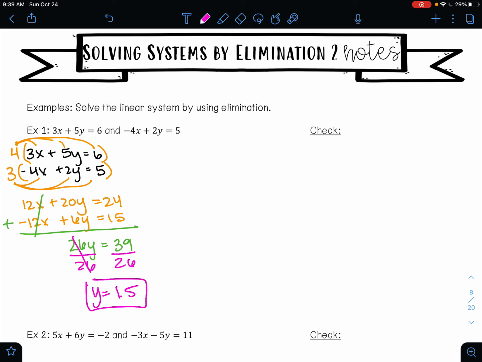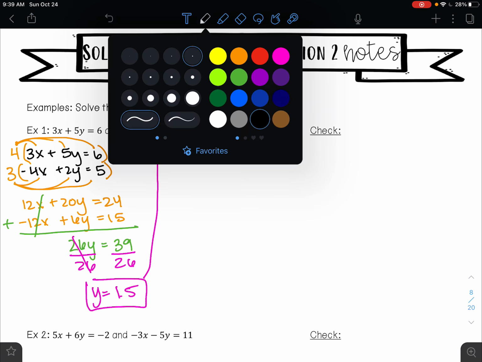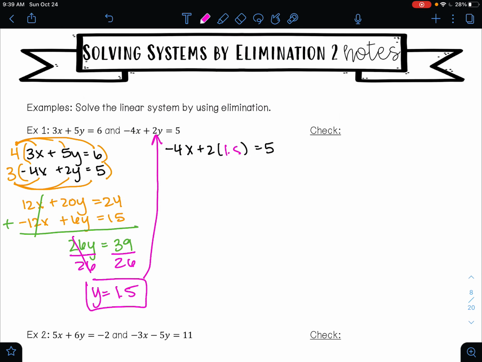I'm going to take this answer and plug it into one of my original problems. It does not matter which one. I'm going to plug it into the second one. So when I do that, I'm going to have negative 4x plus 2 times y, which we found was 1.5, and that equals 5. So let's see. I'm going to have negative 4x, 2 times 1.5 is 3, and that equals 5.